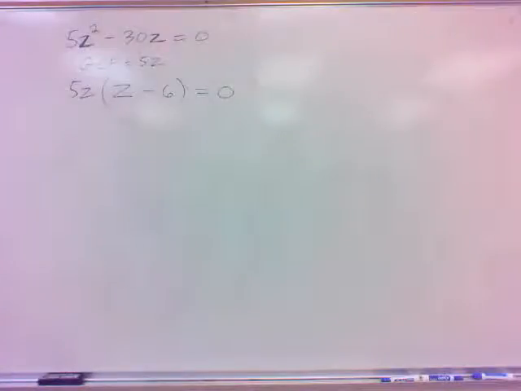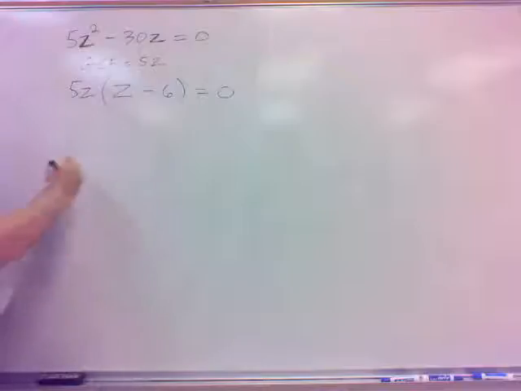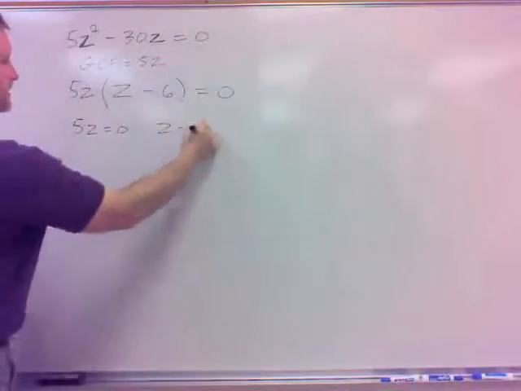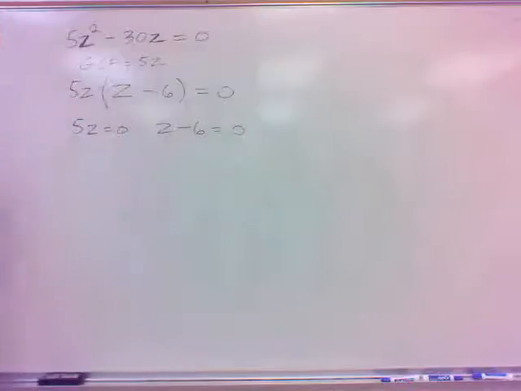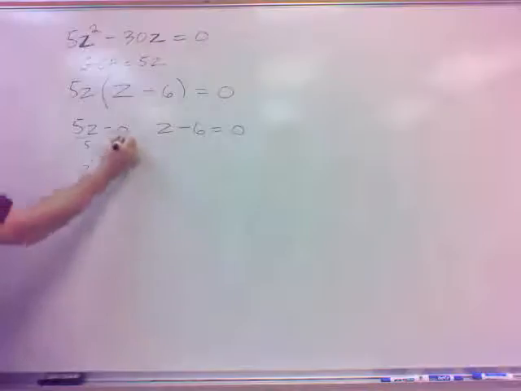Well, again, I've got two things multiplied equal to 0, right? So I set those individually equal to 0. 5z, set it equal to 0, and then z minus 6, set that equal to 0. What about the first one? Well, how would I solve it? Divide by 5. So you get z equals 0 divided by 5.